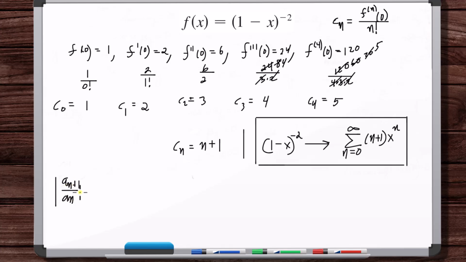We've got the absolute value of a sub n plus 1 over a sub n. So n plus 1 becomes n plus 2. Then x to the n plus 1 is going to be x to the n times x, and we're dividing that by n plus 1. We can take out the n plus 2 over n plus 1, which is always positive.